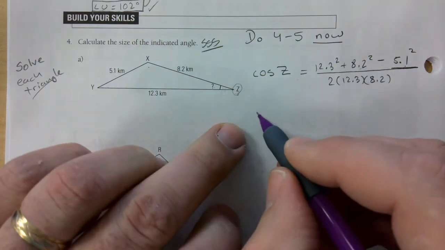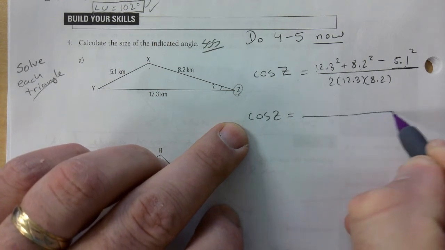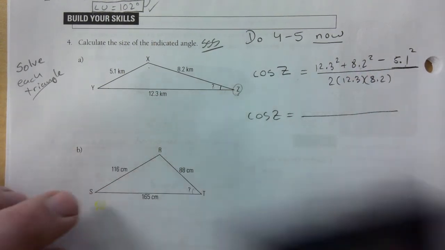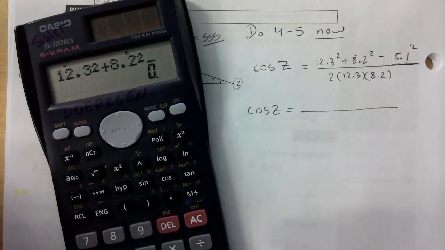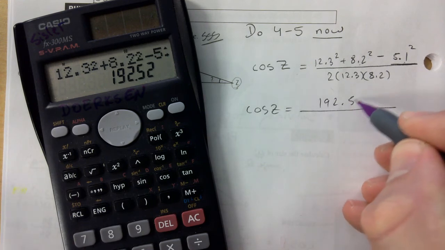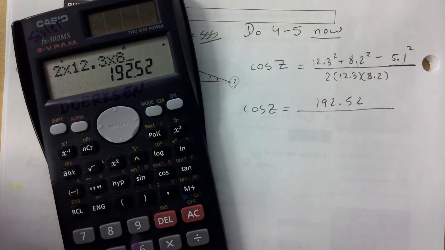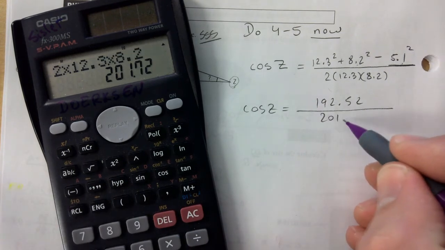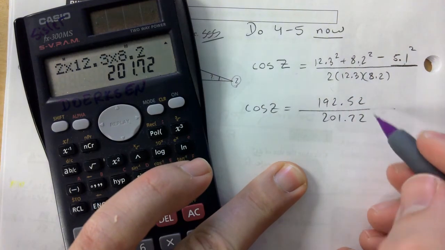This can be done in 3 lines, right? Cosine of Z. Now I'm going to figure out what this is. So I'm going to go 12.3 squared plus 8.2 squared minus 5.1 squared. That's 192.52. The denominator is 201.72. It's too long of a line there.